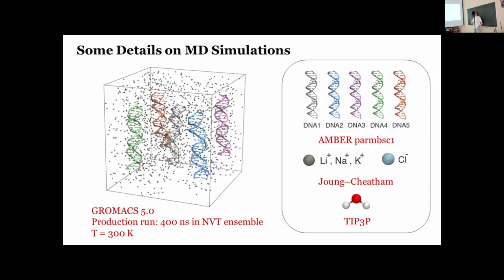We equilibrated the system for 200 nanoseconds first, and the production run was 400 nanoseconds. This is the chunk of trajectory that we analyzed.